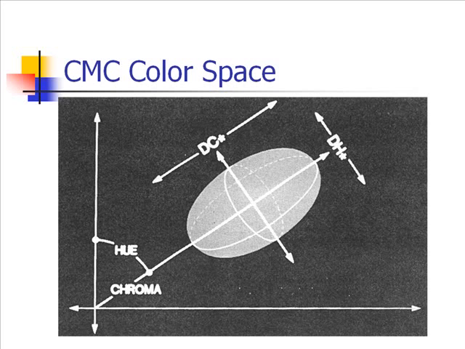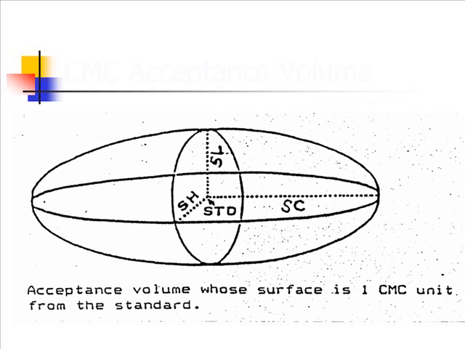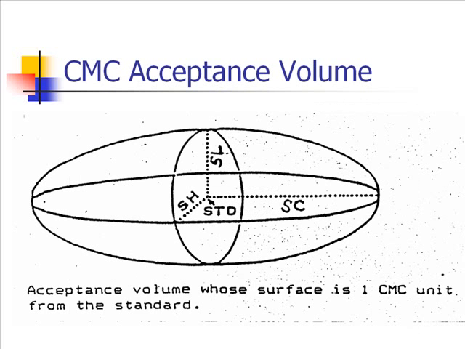Another picture of it, standard would be in the center, and we have our L direction, our H direction, and our C direction. And again, what this is showing is we would have a standard that's right in the center where it's pointing, and then in our color space, any sample that fell within this volume would be considered an acceptable match.